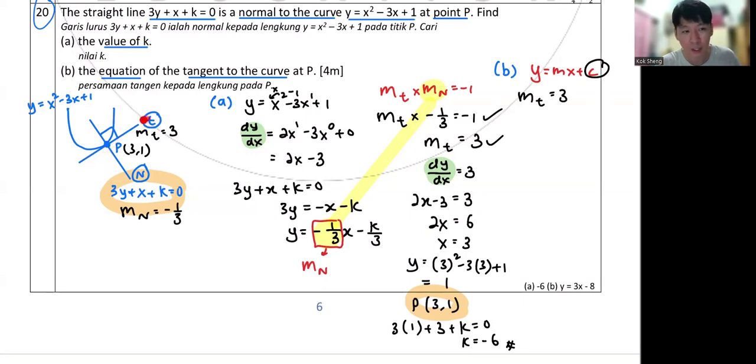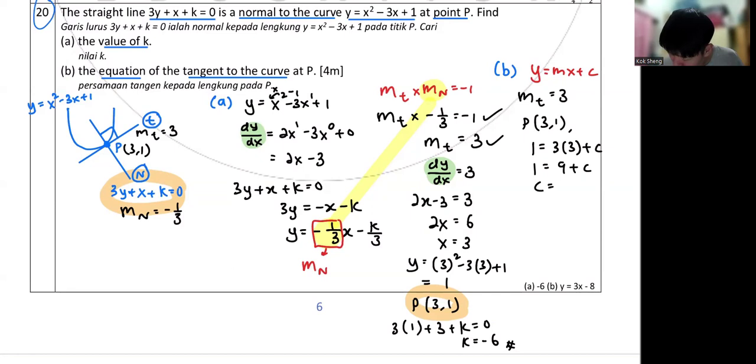Use point P to find the c. y equals mx plus c. 1 minus 9 is negative 8. So, question 26 finished. Next one, we go for 27.